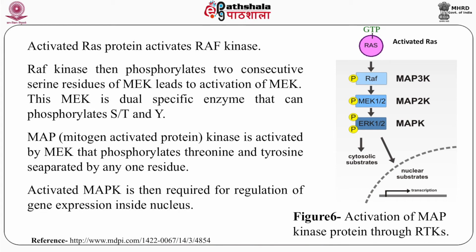The mitogen-activated protein MAP kinase is activated by MEK, which phosphorylates threonine and tyrosine separated by any one residue. Activated MAP kinase is then required for regulation of gene expression inside the nucleus.